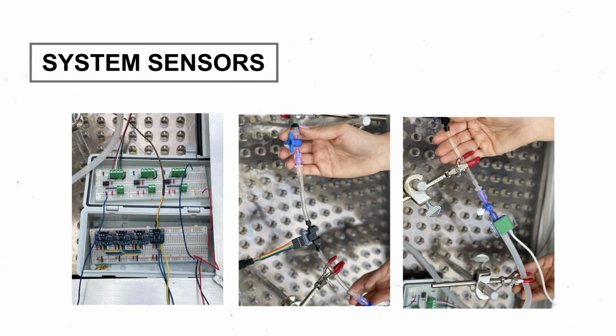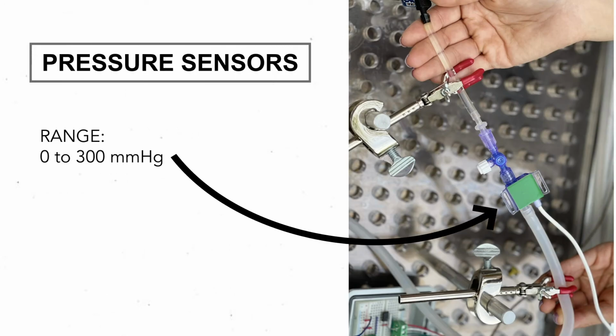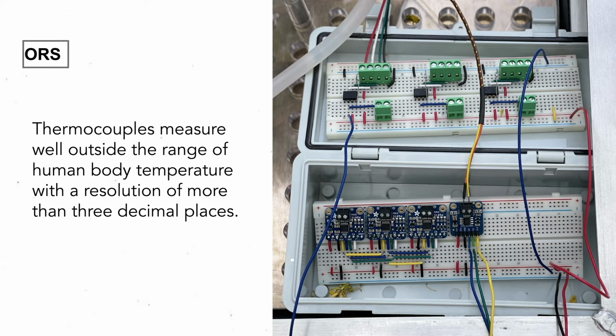All of the system sensors have the ability to measure within the ranges of the human body. The flow sensors range from 0 to 500 milliliters per minute. The pressure sensors range from 0 to 300 millimeters of mercury. The thermocouples measure well within and outside the range of the human body with a resolution of more than 3 decimal places.